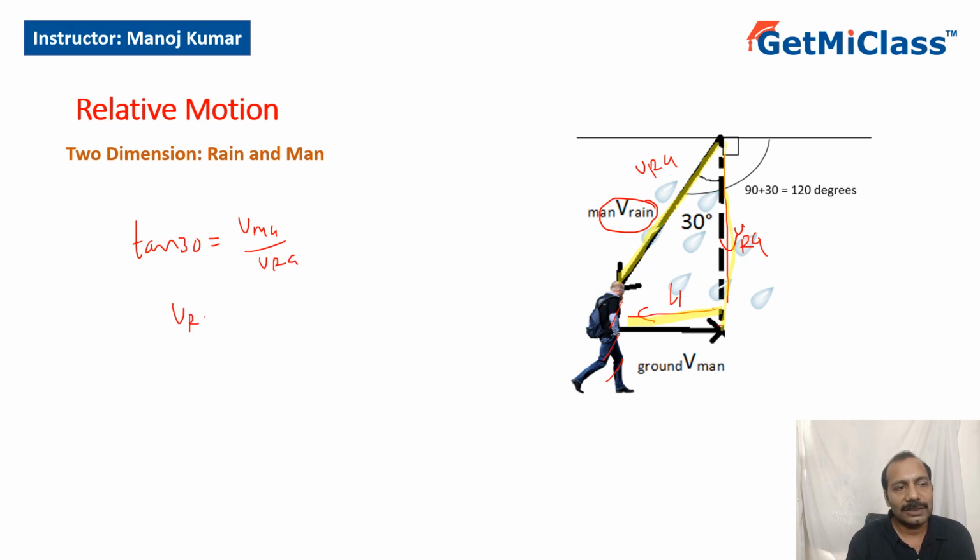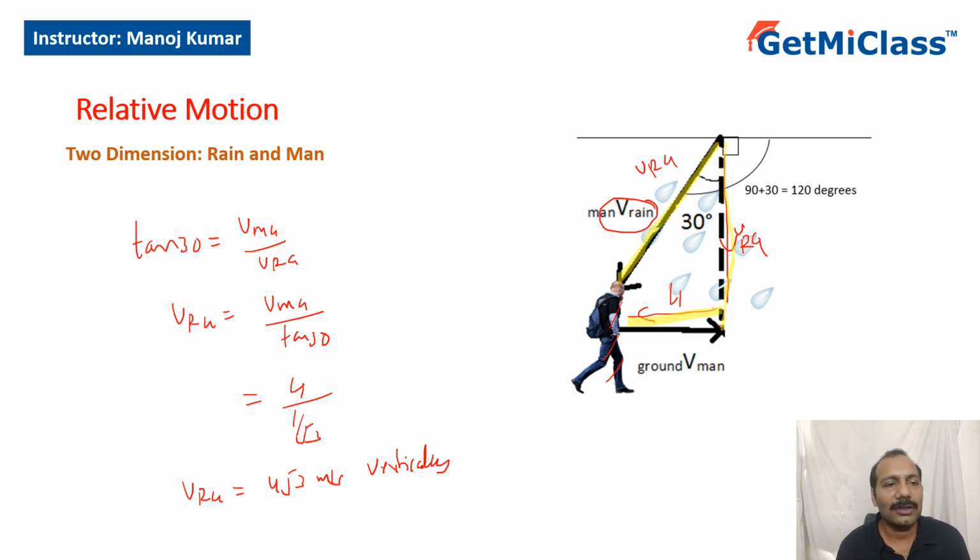I need velocity of rain with respect to ground, that is velocity of man with respect to ground by tan 30. As we have assumed, if I take velocity of man with respect to ground as 4 meter per second, 4 by tan 30, tan 30 is 1 by root 3. So velocity of rain with respect to ground is 4 root 3 meter per second vertically. So once you are comfortable with this vector difference, then you can solve all these questions.